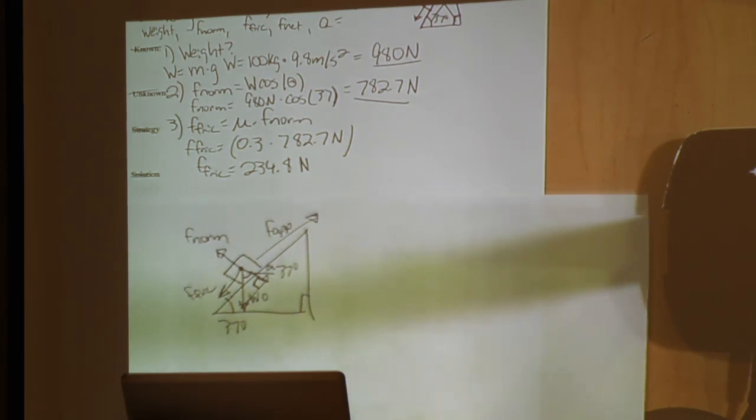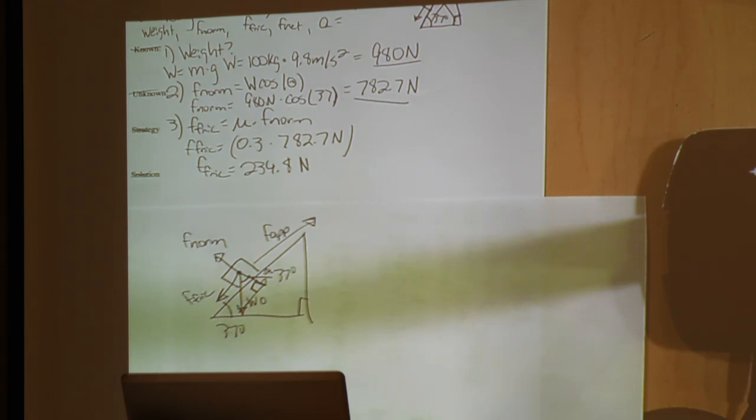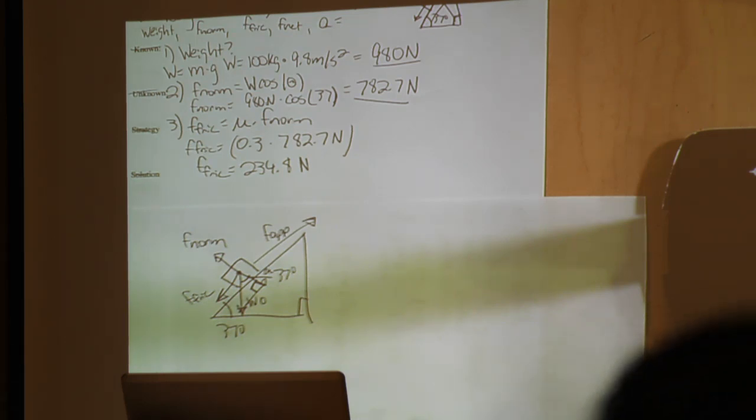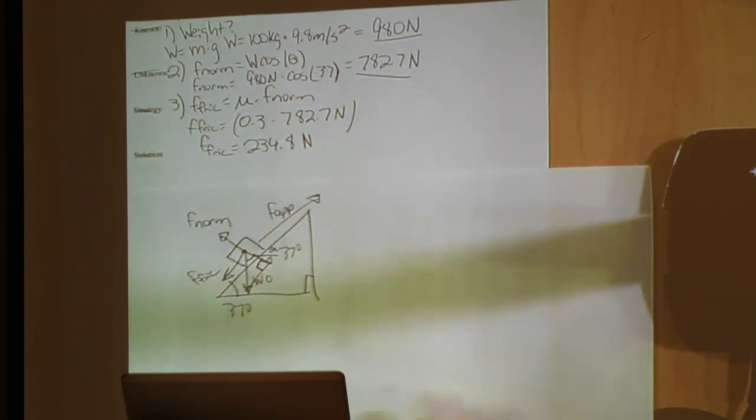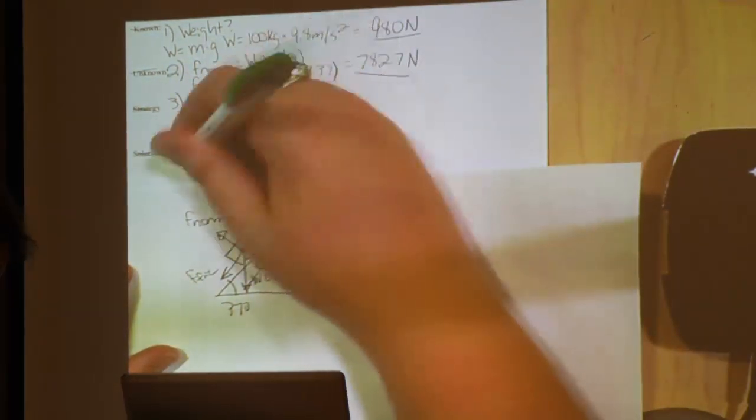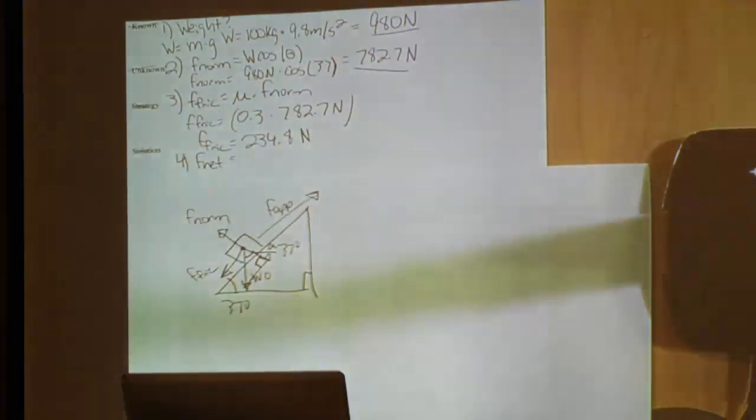All right. So sometimes you do include force of friction in the applied force. If it's like sliding down, then you would include the force of friction in finding the force applied. Okay, so the next part is to find the net force. So how do you guys think that we need to find that?